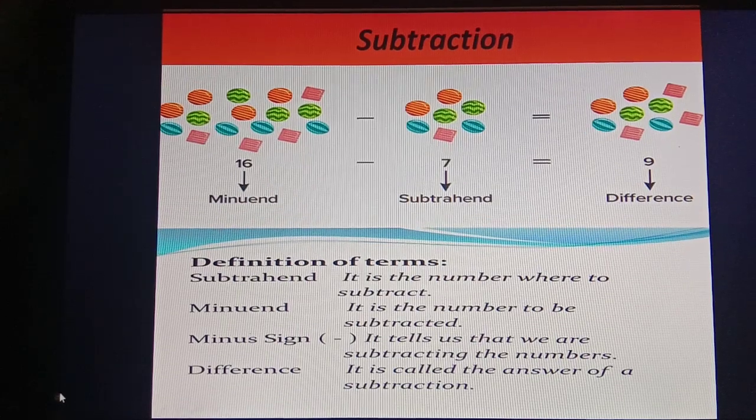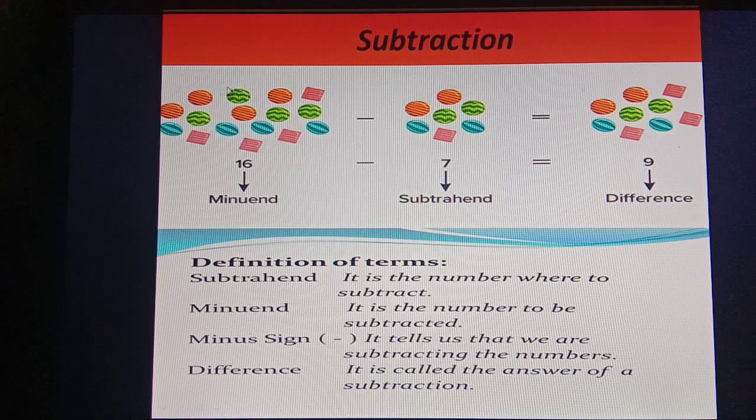Next is subtraction. In subtraction we have already discussed, we have 3 main parts of subtraction. First part is the number from which you are subtracting the other number, that is called minuend. Second number is the subtrahend, the number which you are subtracting from the minuend, and the third is the difference, meaning the answer of the subtraction is called the difference.